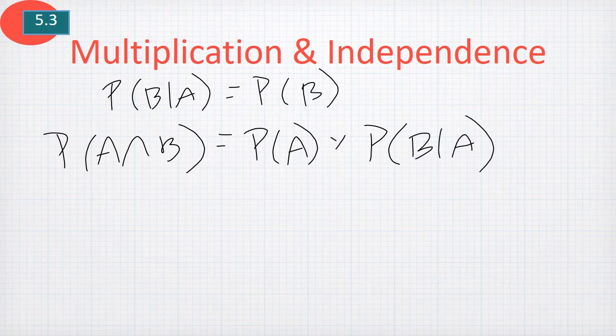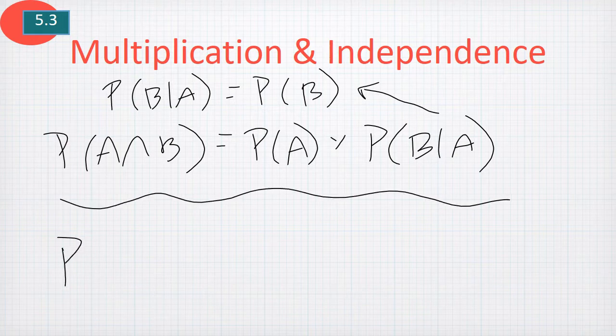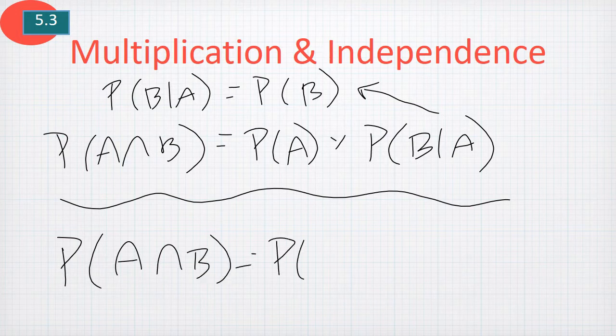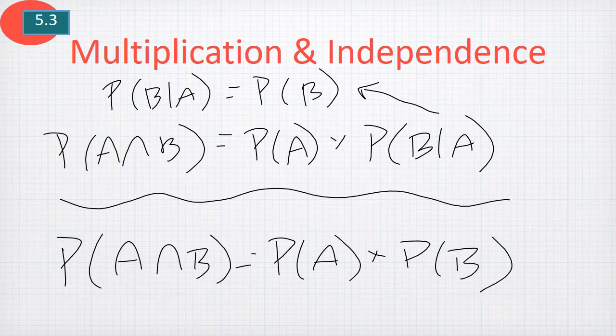Now, if we know that these two are the same, I can substitute that in. So I get this new fabulous formula. The probability of A and B occurring is equal to the probability of A times the probability of B. So if I have events that are independent, the way that I can figure out if these two things will happen at the same time is just to multiply them together.